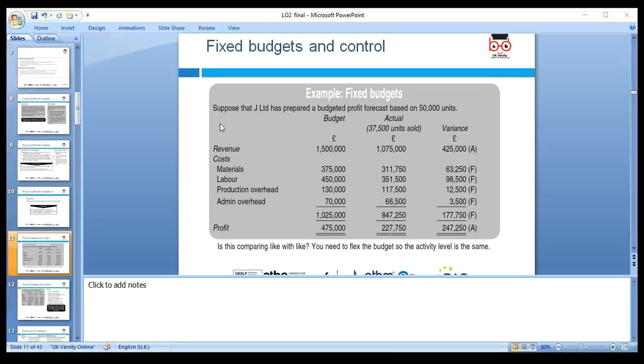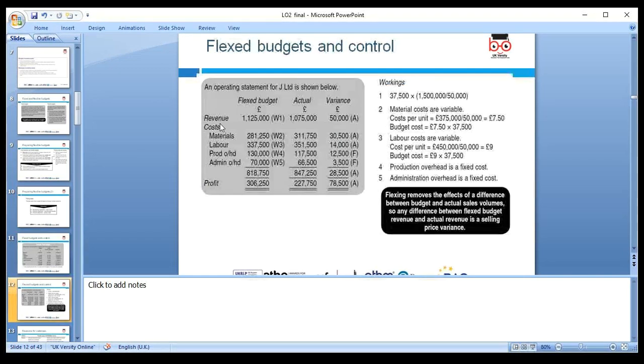So we need to think about fixed and flex budget. When we flex, our activity will be 37,500.